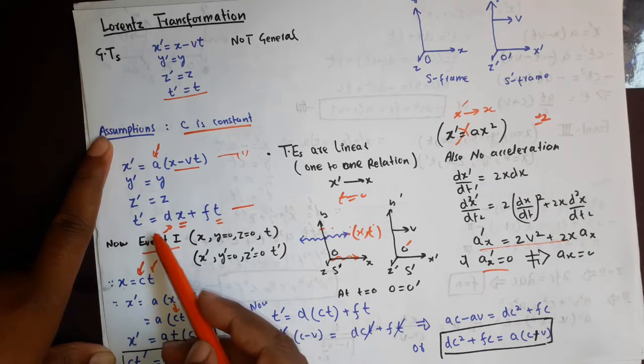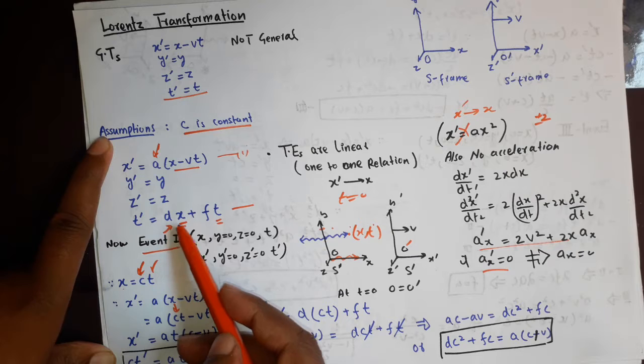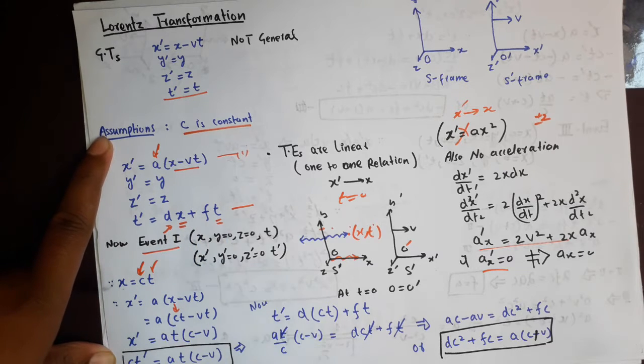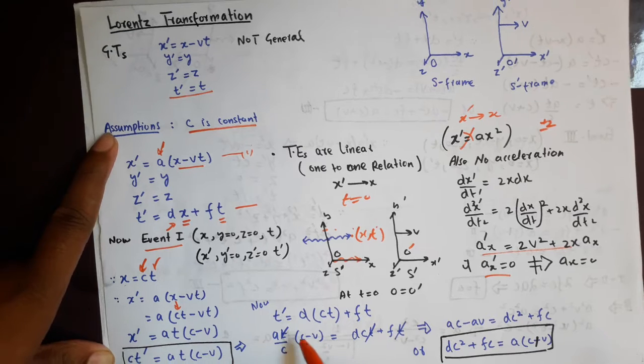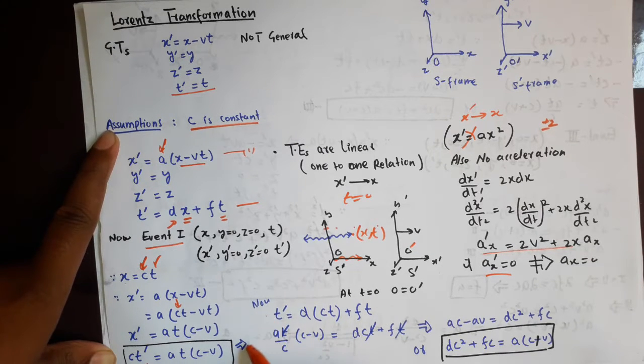So this gives me t prime is equal to d, which is a constant, times the x coordinate, plus f times t. So t as it is, d as it is. In the place of x I can put ct, so d ct plus ft. From the earlier equation I can find the value of t prime, which is basically a t times c minus v divided by c. So here I am putting the value of t prime.